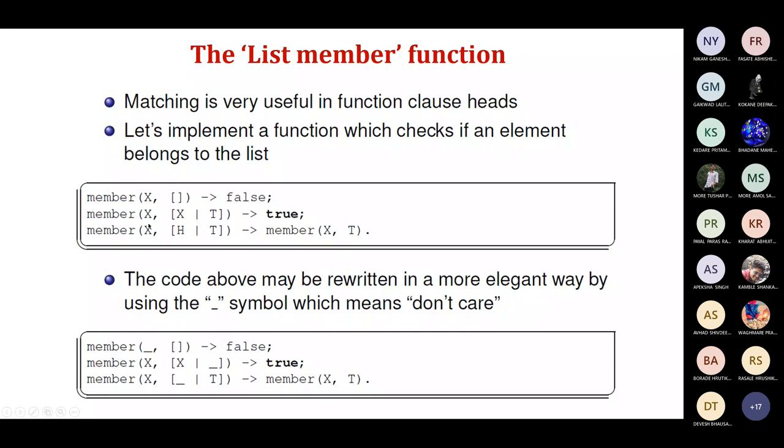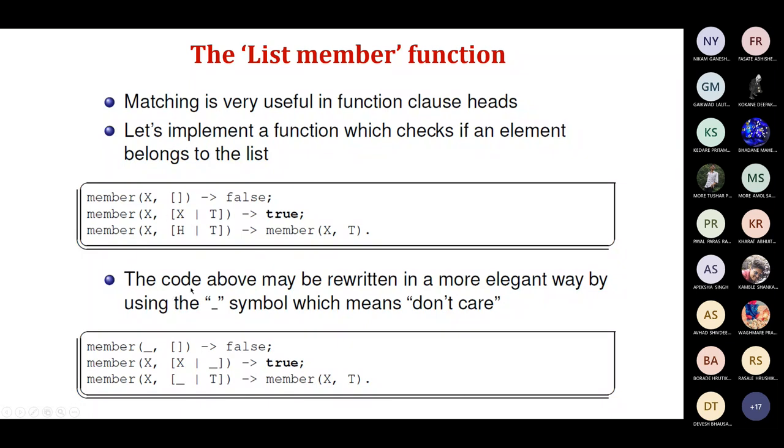Or else, for member X comma head or tail, you give a recursive call to member X of tail. So this is a way of writing the function which checks if an element belongs to the list.